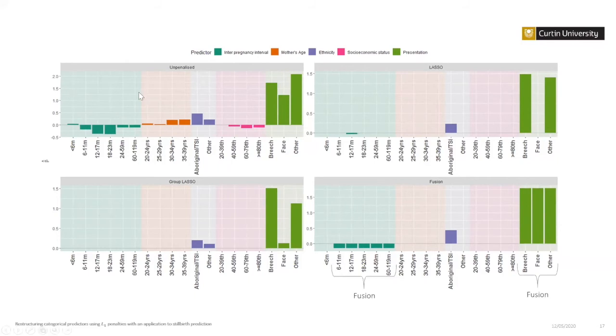So if we look in our unpenalized model and we go to make an interpretation about the effect of interpregnancy interval, we can see that mothers who wait less than 6 months between pregnancies have an increased risk factor. Then, across varying degrees, we have a decreased risk factor for anyone who waits more than 6 months compared to first-time mums.